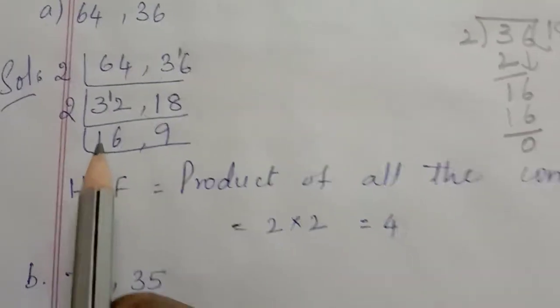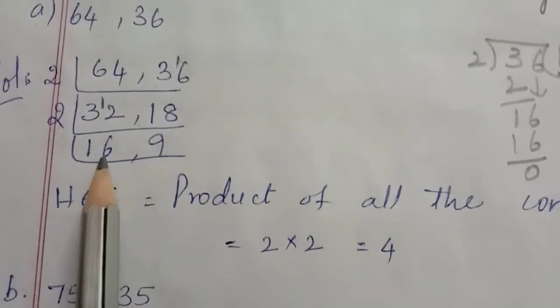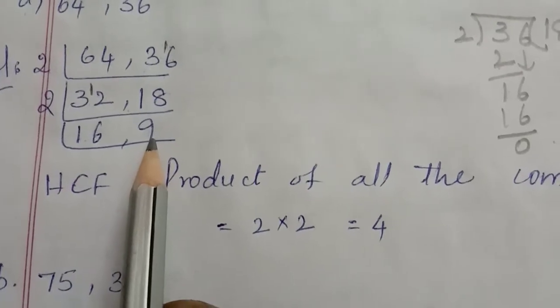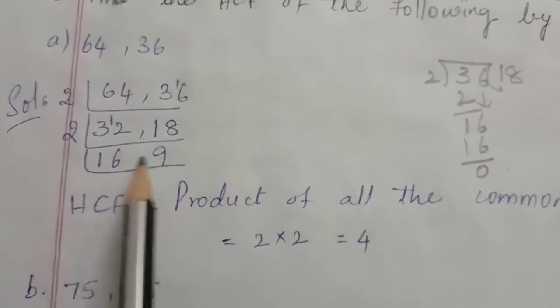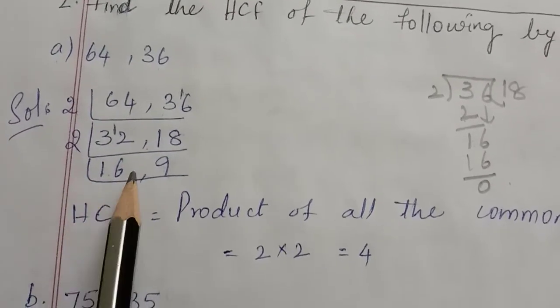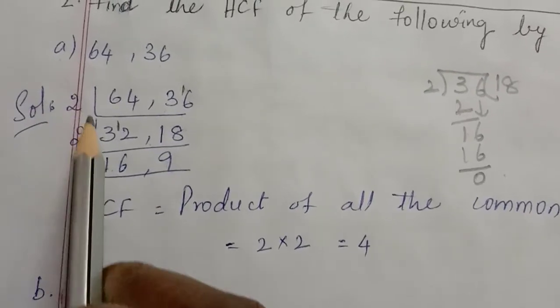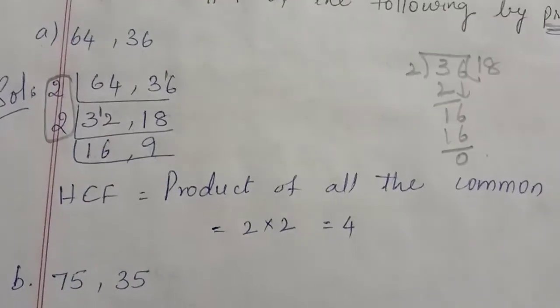Now children, these two numbers will not come in the same table. These 16 and 9 are not divisible by 2, not divisible by 3. Okay. So we should leave the division. So our answer is only 2 into 2.